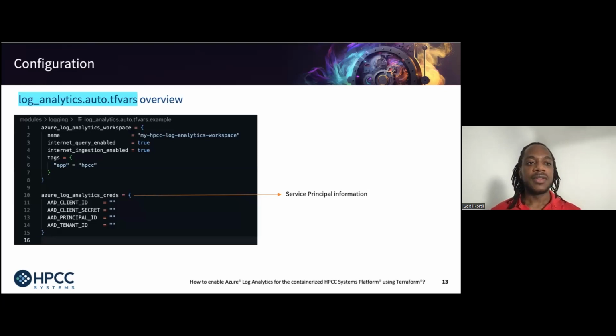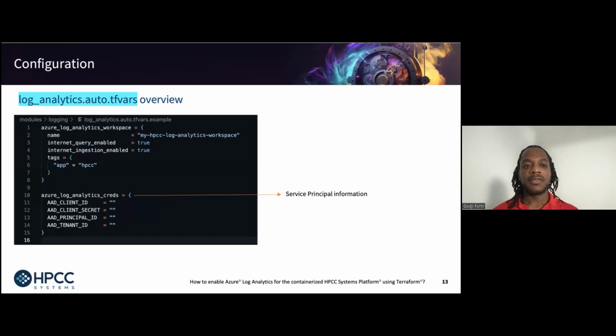Next, we have an overview of the log analytics TFVars file, where we have the Azure Log Analytics workspace object. In it, we have some attributes such as the name of the workspace, the name that we want to use for the workspace, followed by the internet query enabled, which is basically saying that I want to enable query over the internet, so I can query logs over the internet, and that must be set to true.